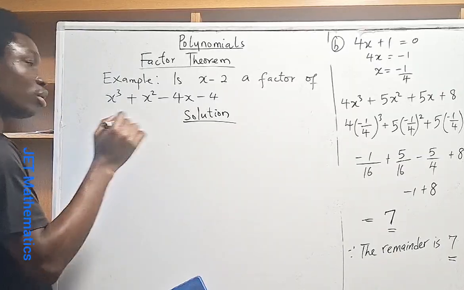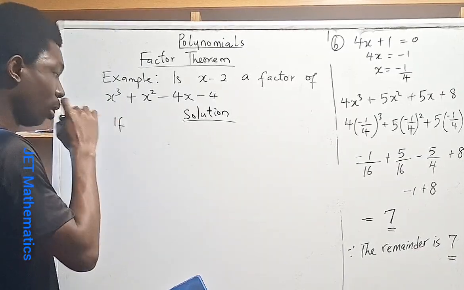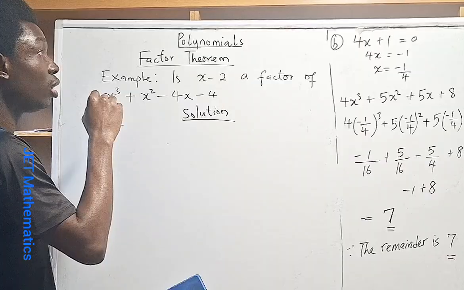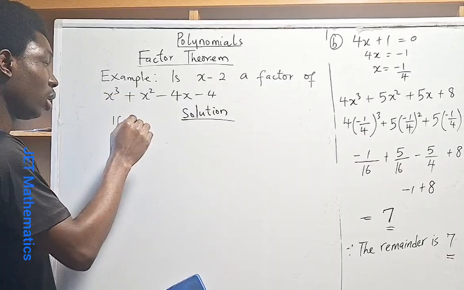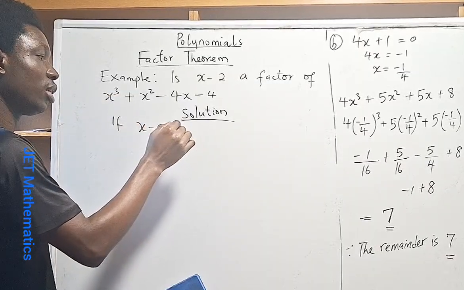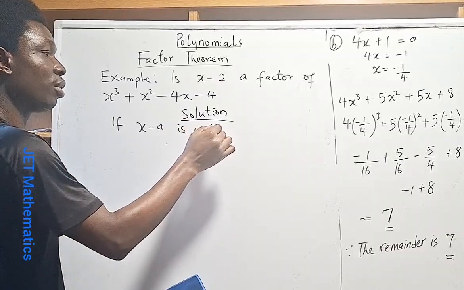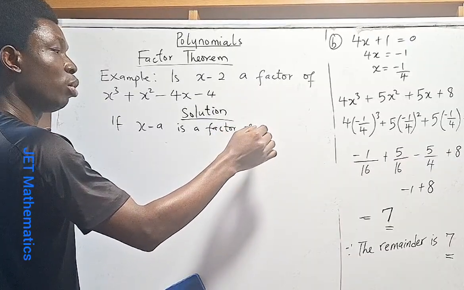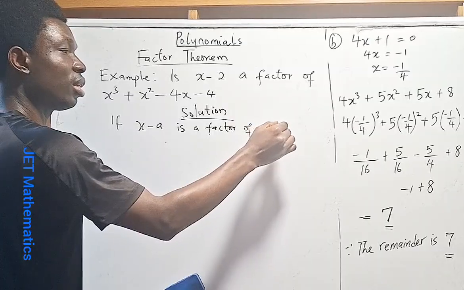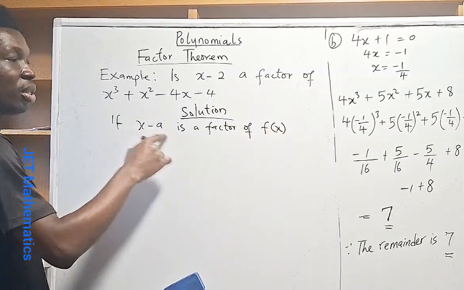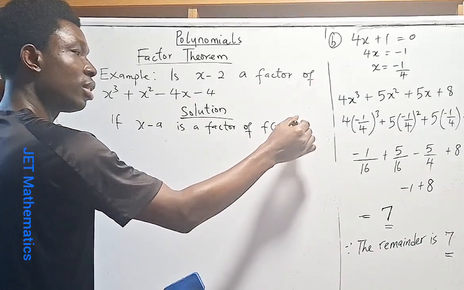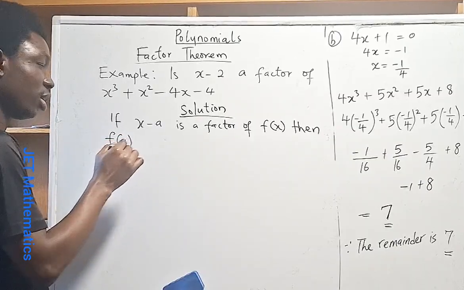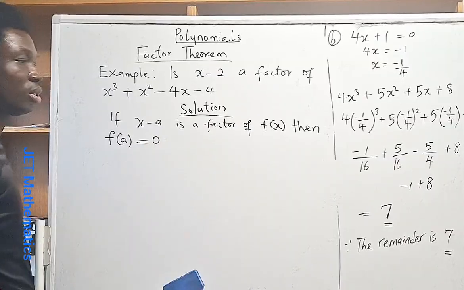Now, the factor theorem states that if x minus a is a factor of the polynomial f of x, then it must be that f of a is equal to 0.